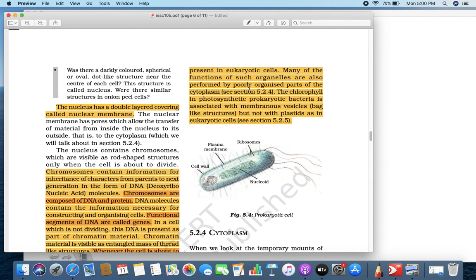That chlorophyll helps in photosynthesis, and in the eukaryotic cell they have plastids, because a plant is eukaryotic. While prokaryotic bacteria do have chlorophyll, it is connected with membranous vesicles, bag-like structures, and they do not have plastids. We will see this a little when we study the plant cell and animal cell.